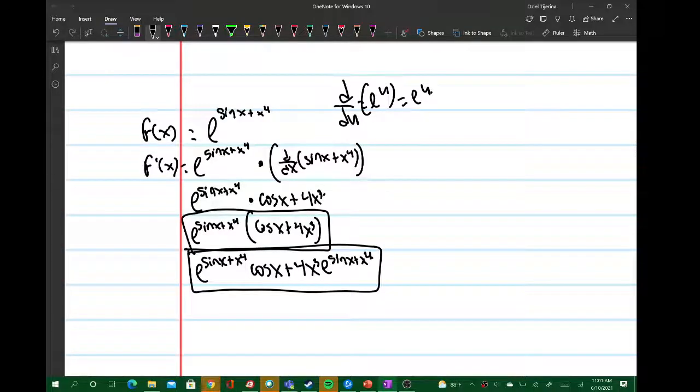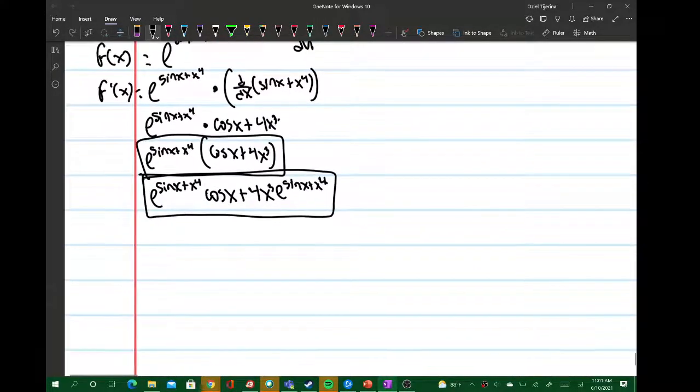Now let's do it using Leibniz notation, okay? So we're going to copy it again. f of x equals e to the sine of x plus x to the fourth. What am I going to make u equal to? We can rewrite this as y equals e to the sine of x plus x to the fourth.